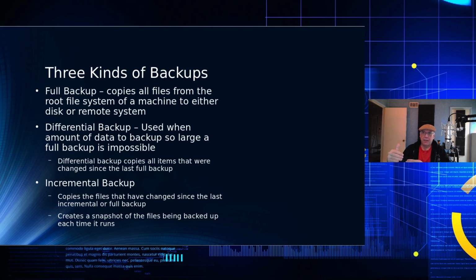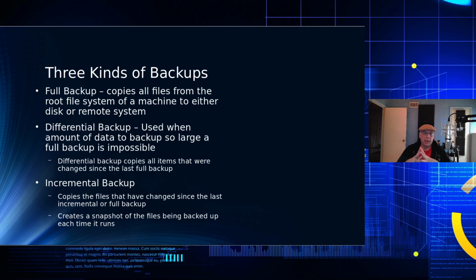On the second day, when I run it, it only copies to the backup what has changed since Monday. So it already knows that there's an incremental backup there, so it only changes what's Monday and then Wednesday and Thursday. Depending how active your file system is, you'll have smaller backups to do than you would with a full backup.